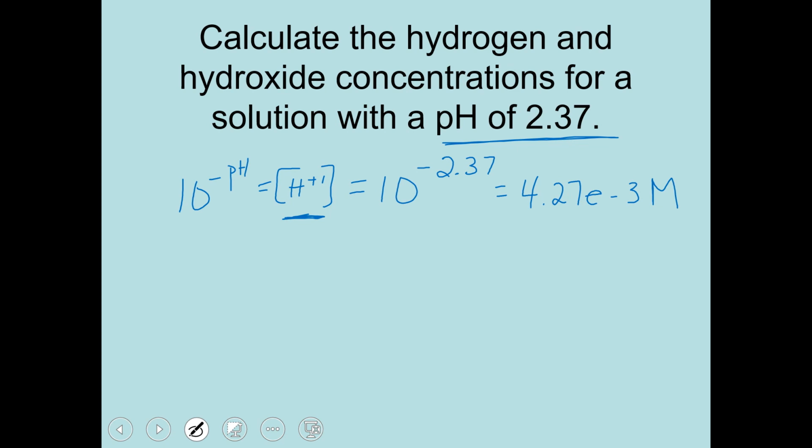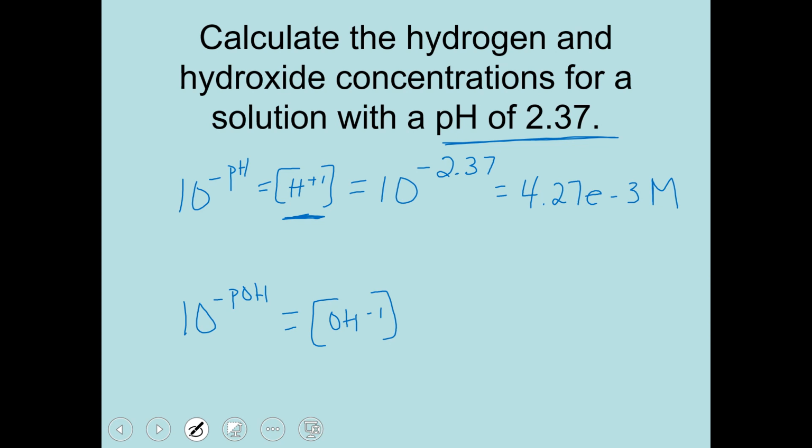Now, to find the hydroxide, you could take Kw, divide by the hydrogen, or you can take 10 to the negative pOH. Now, if you're sitting here thinking, well, I don't know the pOH, remember the easy way to get it is that the pH and the pOH have to add to give you 14.